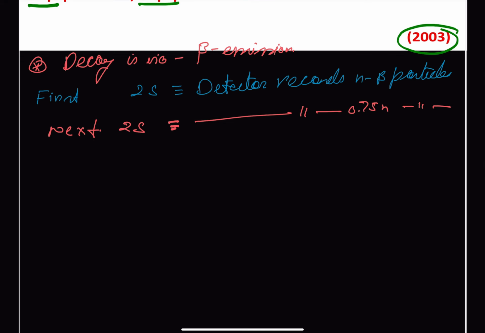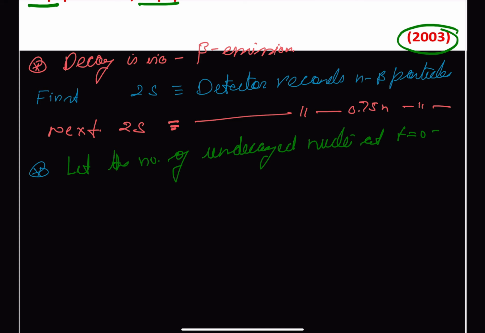We start with the standard equation of the activity. Initially at t equal to 0, let the number of undecayed nuclei be N naught.